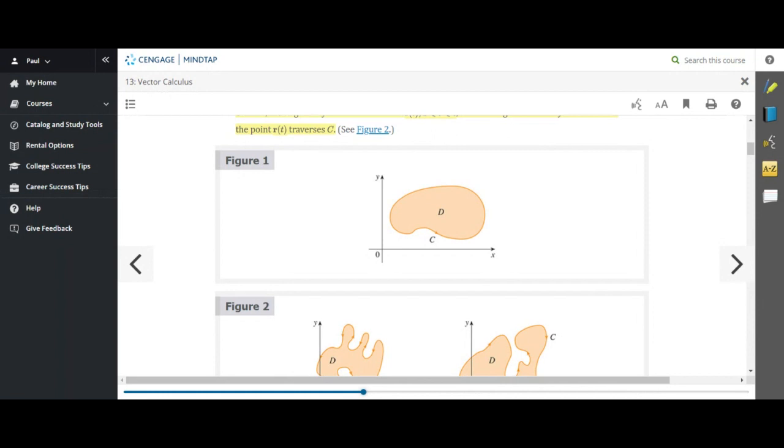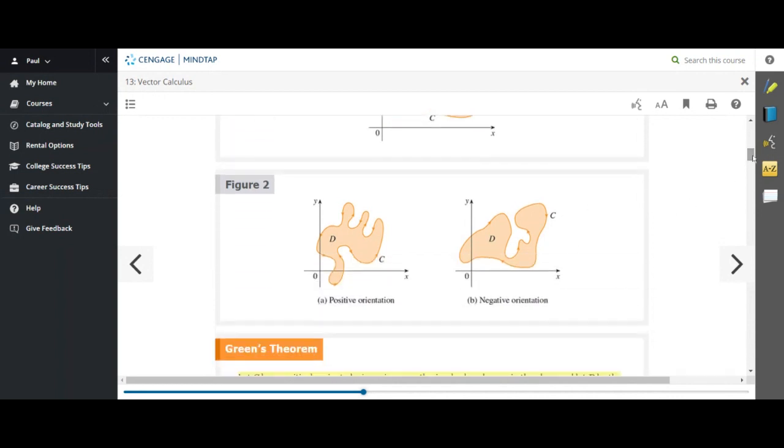If the particle is moving around the closed curve counterclockwise, that's called positive orientation. And you notice that the closed curve C contains a region D. So figure 1 shows positive orientation.